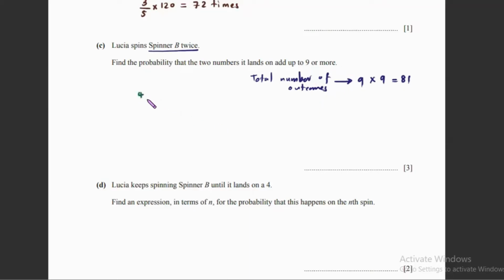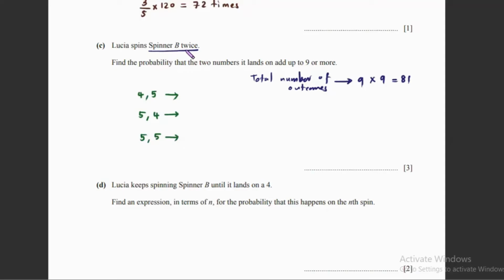It can be a 4 in the first event and 5 in the second event, or else it can be a 5 in the first event, 4 in the second event, or it can be 5 in the first event and 5 in the second event. But this happens using the same spinner because the same spinner is only spun twice.